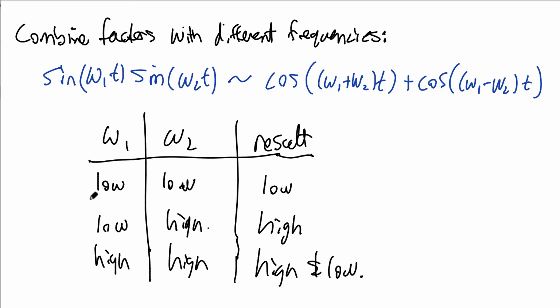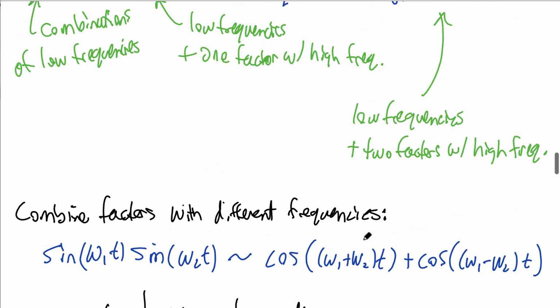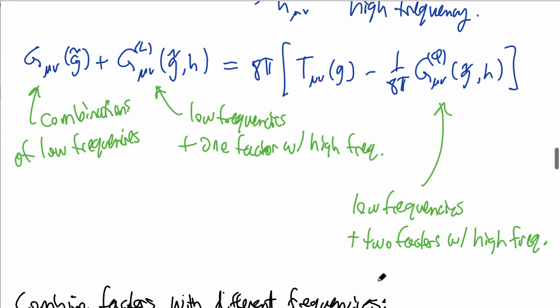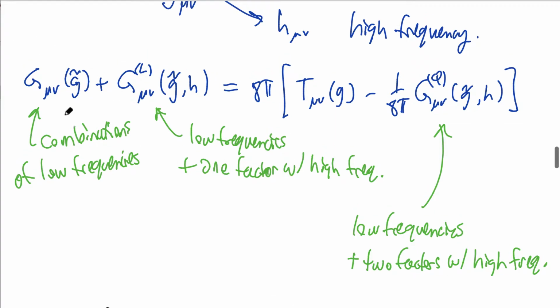So keeping these results in mind, let's go back and examine the Einstein equations. This first term is just a combination of low frequencies, which will always give us just low frequencies. These terms in the linear Einstein tensor are combinations of low frequencies and just one high frequency, which always gives us a high frequency.